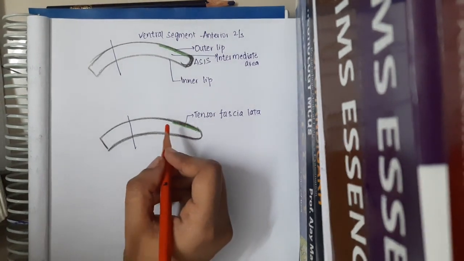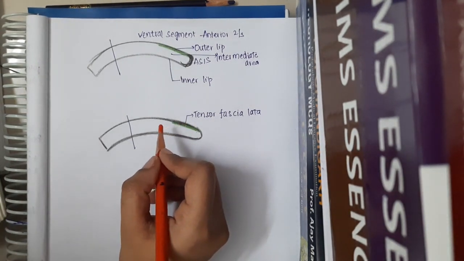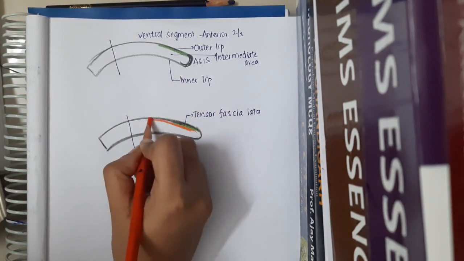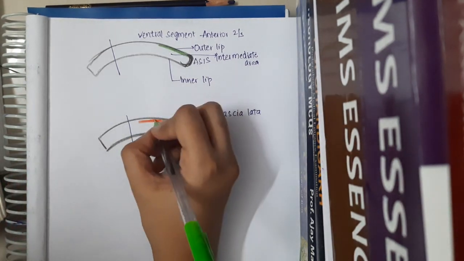Insertion of external oblique aponeurosis is present in anterior 2/3 of outer lip. So if you see, in the outer lip anterior 2/3 you will have this muscle, which is external oblique.